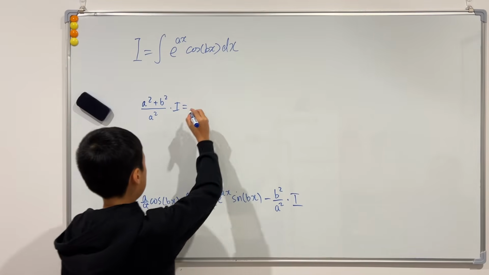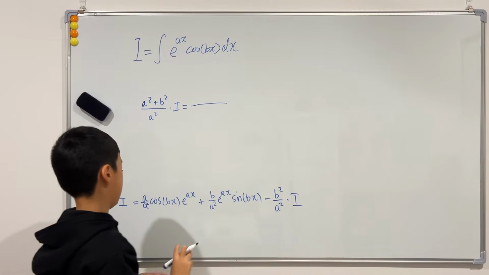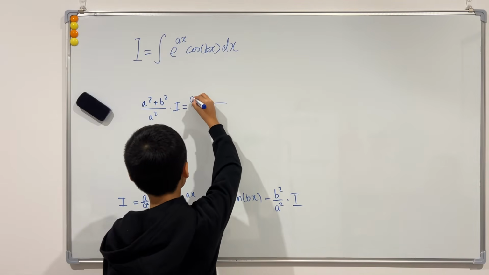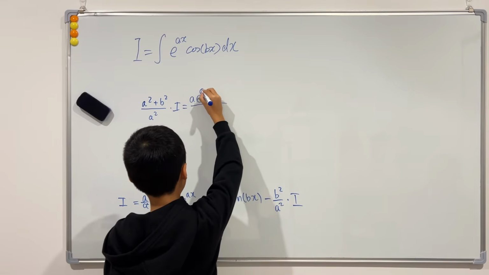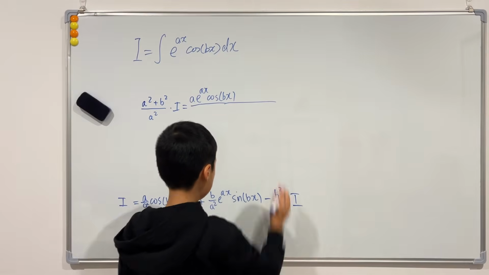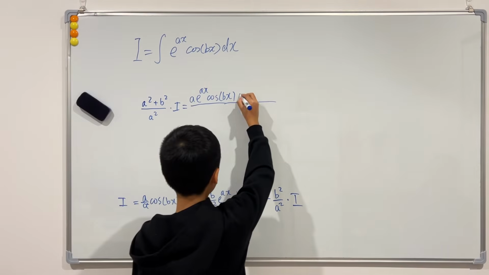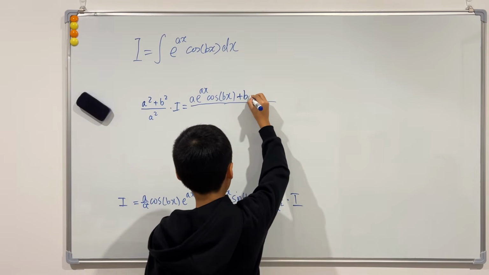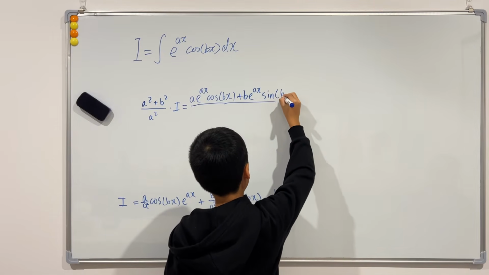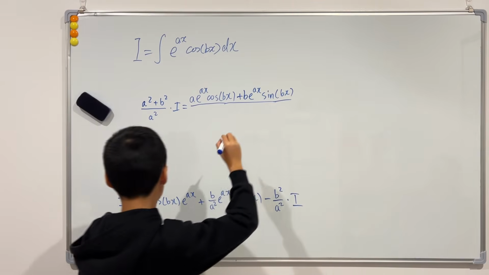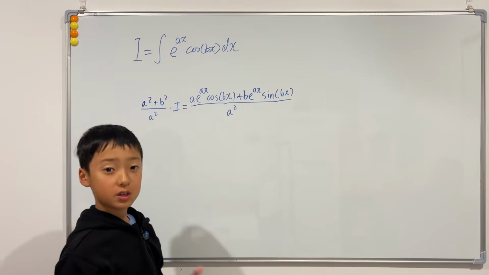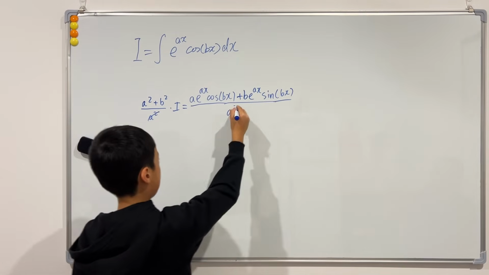then the top is a times e to the ax cosine bx, and then we add it with b e to the ax sine bx. And the bottom is just a squared. So the first thing we can notice is this and this cancel out.